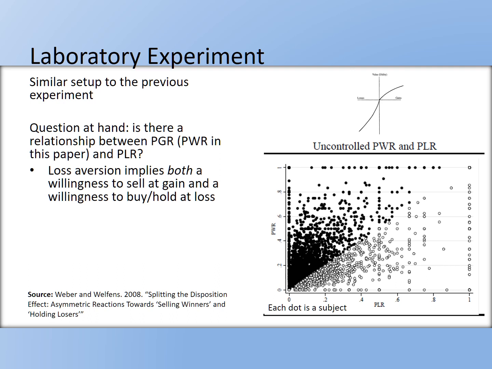Now, in the loss aversion story, notice that this is a loss aversion story, right? You have this utility function that reduces your utility if you sell at a loss. You have this very same utility function that gives you a boost in utility when you sell at a gain, which means people who are willing to sell at a gain should be the same people who are unwilling to sell at a loss.